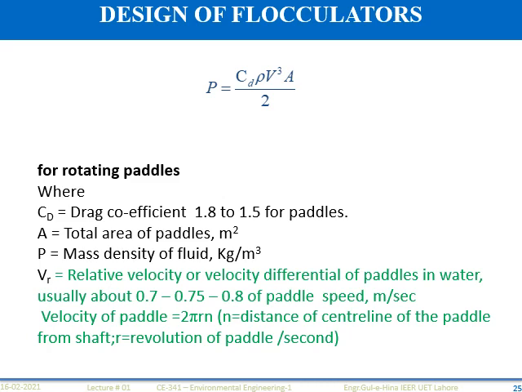And the velocity of the paddle we find by using this formula, that is 2 pi rn, where r is the distance of the center line of a paddle from the shaft and n is the revolution of the paddle per second.